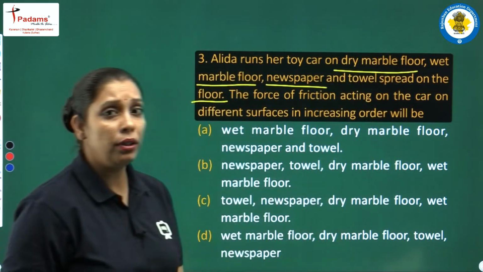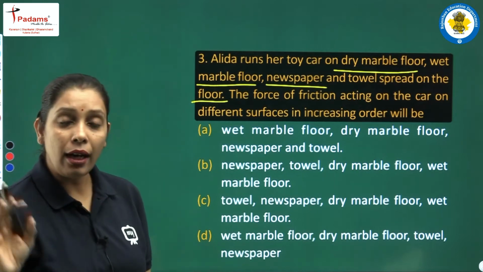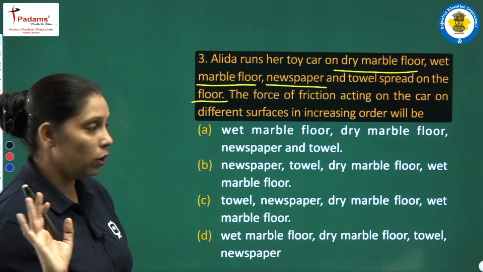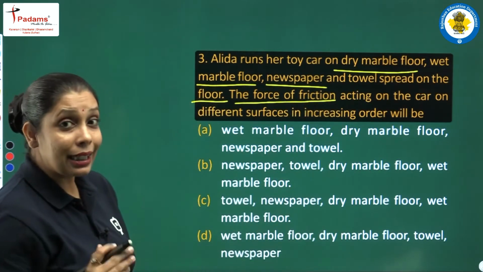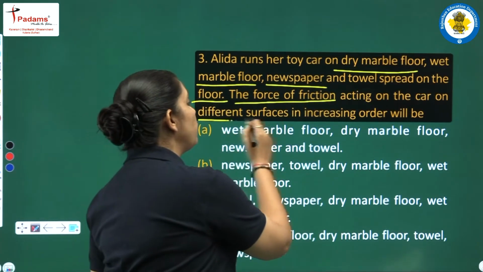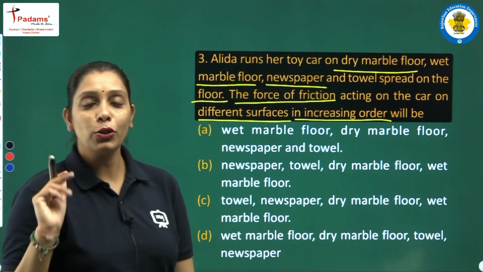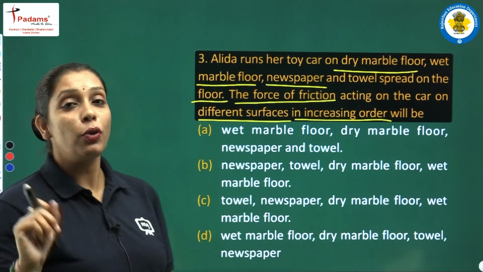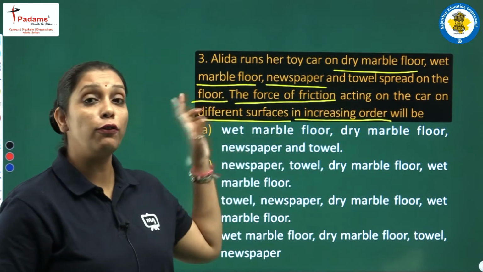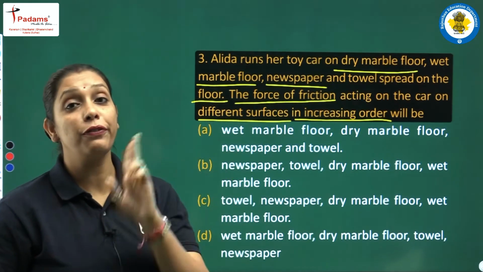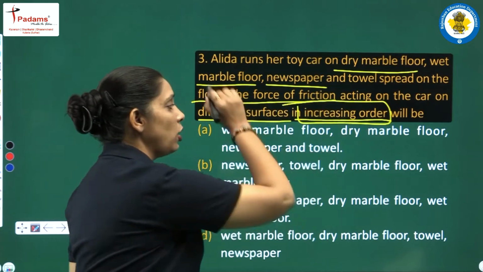Dry marble floor, wet marble floor, newspaper, towel spread over the floor. Arrange the force of friction acting on the car on the different surfaces in increasing order. Here the question is asking you to arrange the force of friction on different surfaces according to the increasing order.